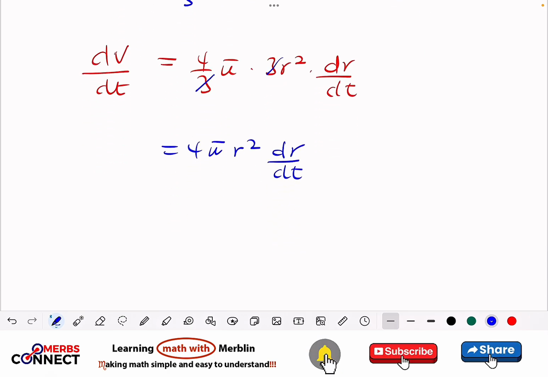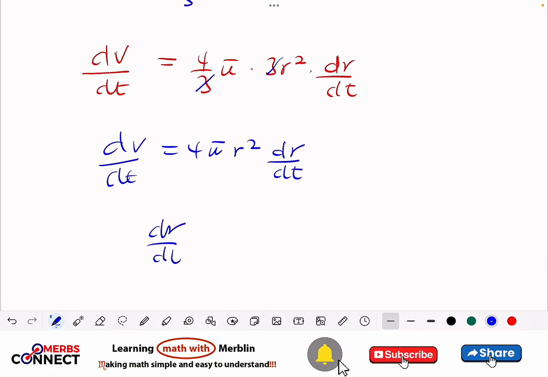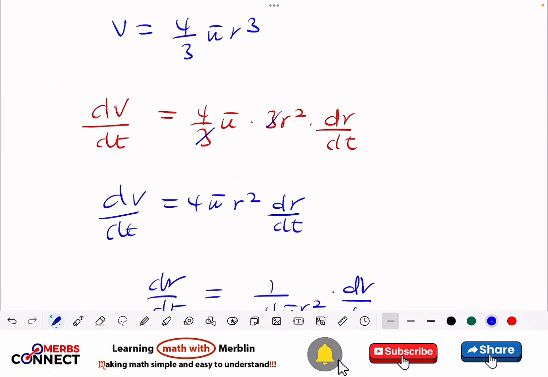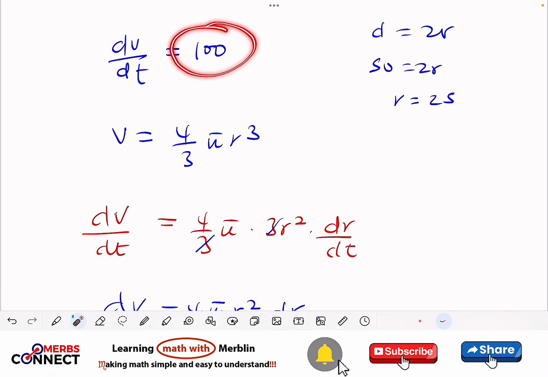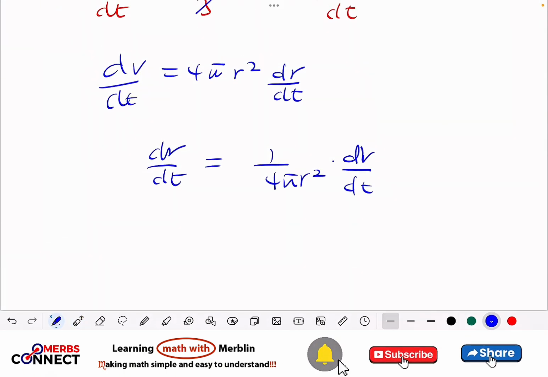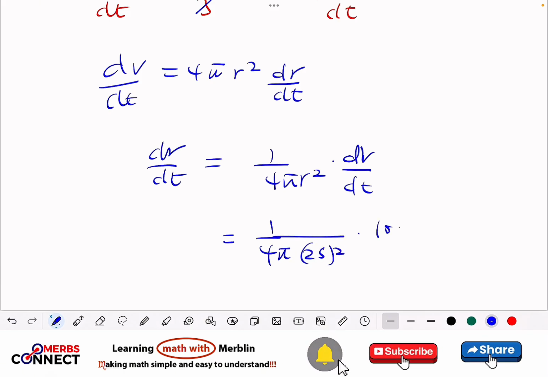Then dV over dt. So if I want to find dr over dt, this is going to be 1 divided by 4 pi r squared times dV over dt. I know r to be 25. I know dV over dt to be 100. So I can do substitution here. So 1 over 4 pi, then 25 squared times 100.